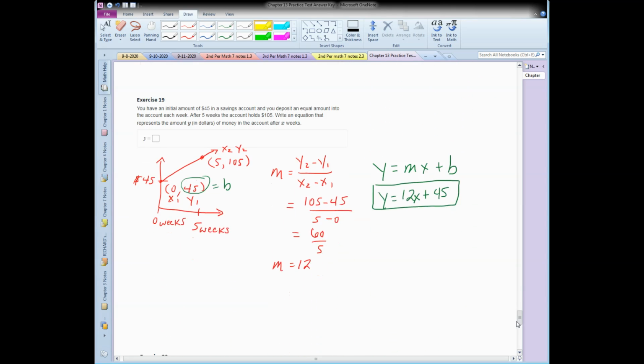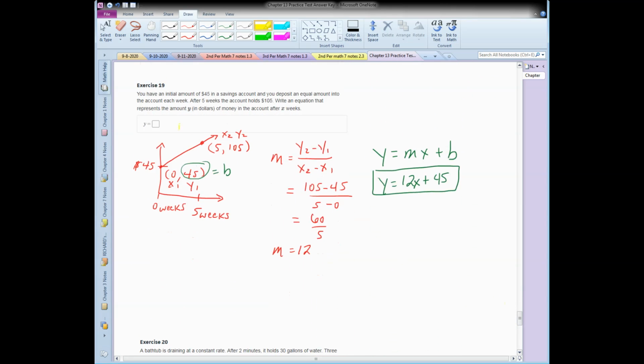Number 19, that was probably too much information. Anyway, you have an initial amount of $45 in savings, and then you deposit an equal amount, that's important, into the account each week. After 5 weeks, the account holds $105. That sounds like a coordinate to me, right? 5 weeks, $105.